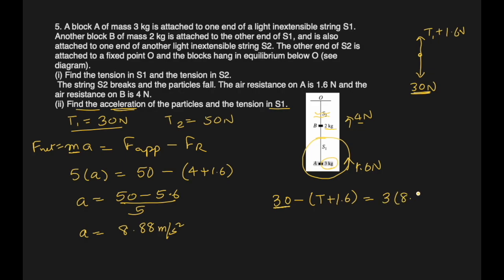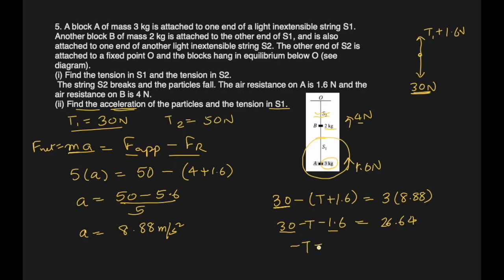We got acceleration 8.88, so this is used only for this smaller part of the system. So 30 minus T minus 1.6 is equal to 3 times 8.88, which is 26.64. So 30 minus 1.6 will be 28.4.